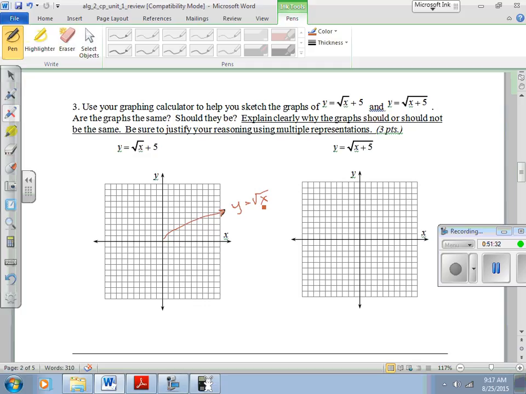Remember we went over this. What's the domain of this one? You guys who did it, you have the domain and range. 0 to +infinity is the domain. What's the range? Same thing, 0 to +infinity.